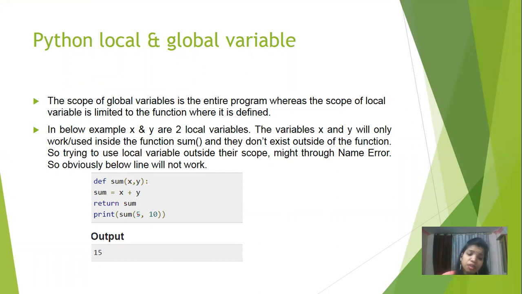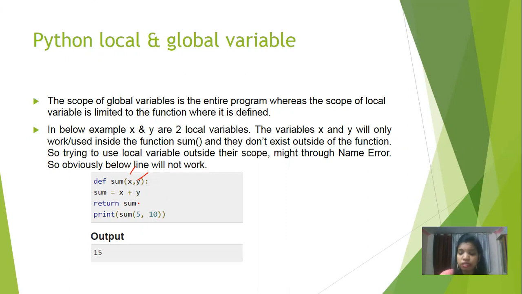If you print sum(5, 10), it will give 15, because x and y are defined inside the sum only. The x and y variables work only inside the sum, because we have defined them inside the brackets of sum. So these are local variables. They don't exist outside the sum.